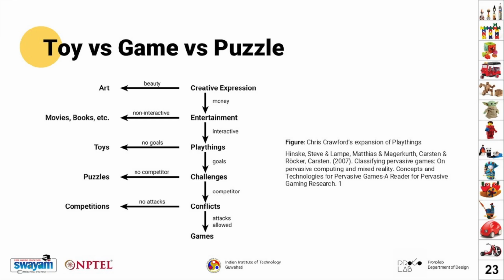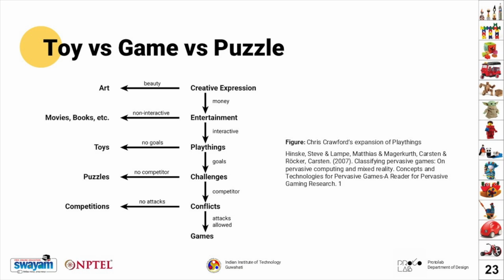If you can actually influence or interfere with your opponent, it becomes a game like football, chess, or Ludo. If you cannot interfere or influence their performance, it becomes a competition like running, race, or high jump.